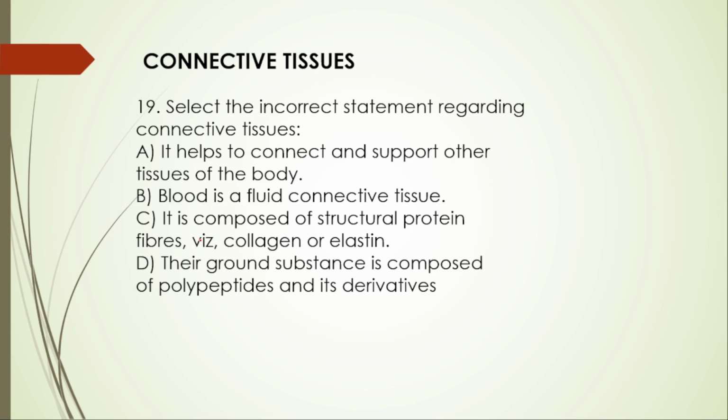Next, questions from the connective tissue. Up to this we discussed epithelial tissue, right? So from now onwards, connective tissue. 19th question: select the incorrect statement regarding the connective tissue. A, it helps to connect and support other tissues of the body. Correct. B, blood is a fluid connective tissue. That's right. C, it is composed of structural protein fibers, that is collagen or elastin. This is also true. And D, their ground substance is composed of polypeptides and its derivatives.